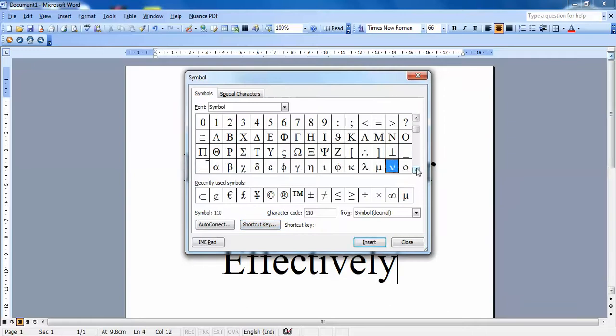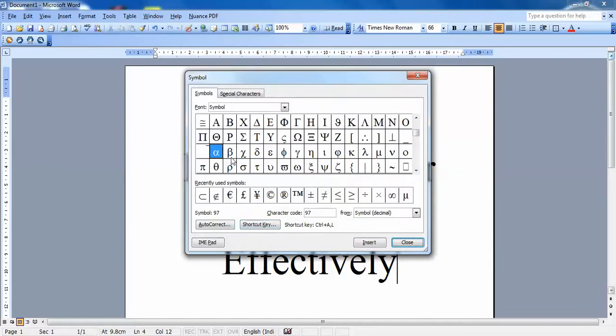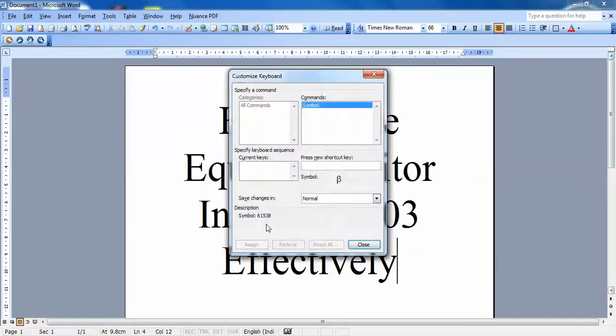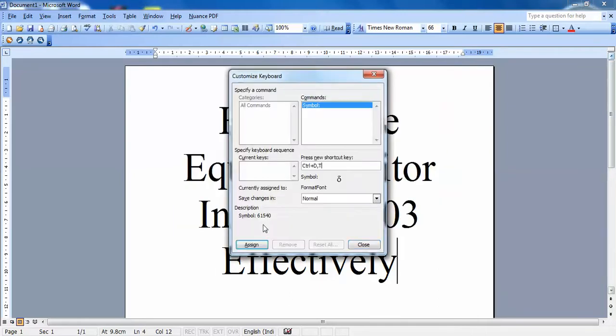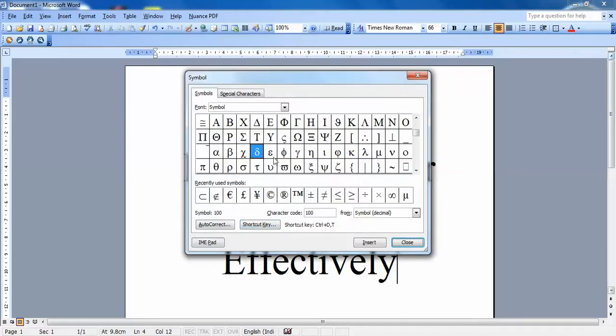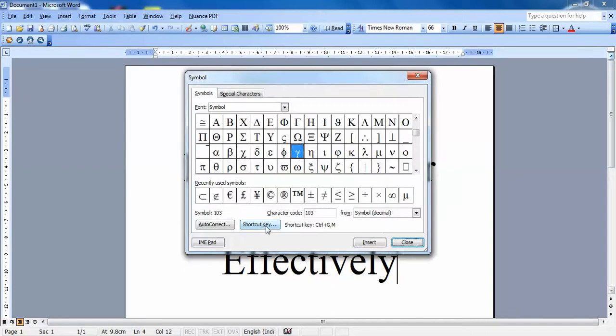Then selecting the other one, we have alpha. So Ctrl AL. Then we have beta, so we put up Ctrl BT. Then we have say delta, so Ctrl DT. Then we have gamma, Ctrl GM.